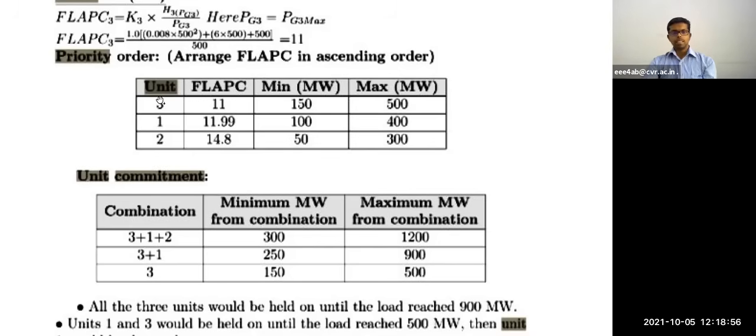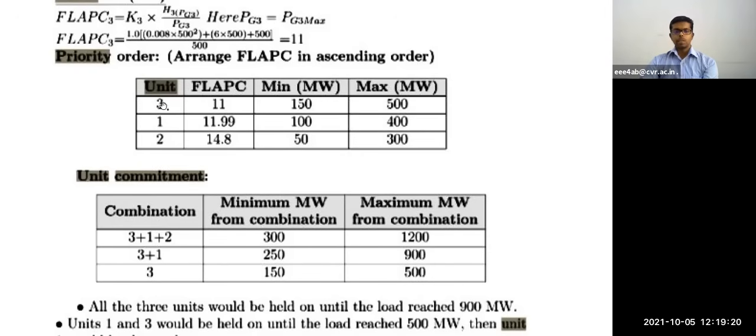So how to choose the next combination? The next combination we can choose is 3 plus 1. What is the minimum combination from this 3 plus 1? 150 plus 100, that is 250 megawatt. What is the maximum combination? 500 plus 400 is 900 megawatt. That is the minimum and maximum combination.